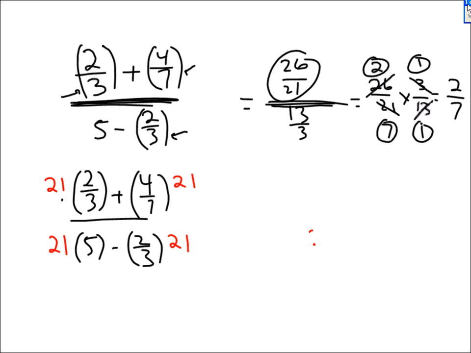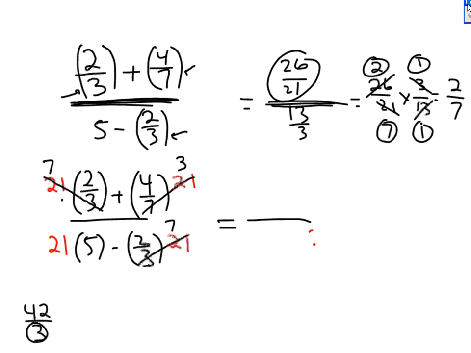The reason we're multiplying by 21 is so we don't get answers like 42 over 3. You don't want a denominator. We pick 21 because 3 goes into 21, 7 goes into 21, 3 goes into 21. There are no denominators anymore, no denominators in the numerator, no denominators in the denominator.